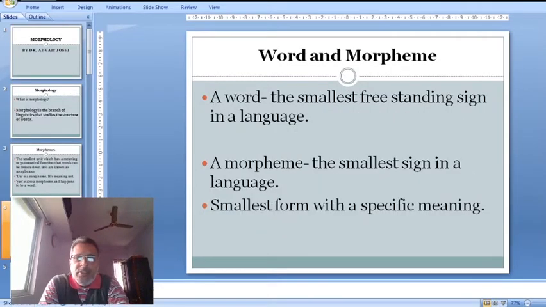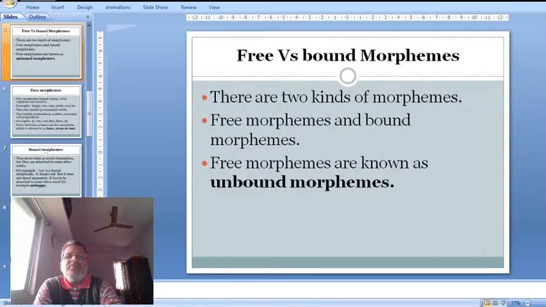What is a word? The smallest freestanding sign in a language. Look how a word is described: the smallest freestanding sign in a language. A morpheme is the smallest form with a specific meaning.